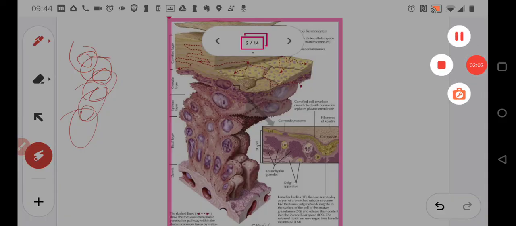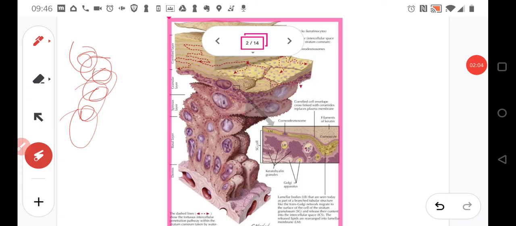Okay, wait a moment. Okay, so above this spinous layer we have the granular layer, which is quite similar to the layer below. What is characteristic of the granular layer are those granules.